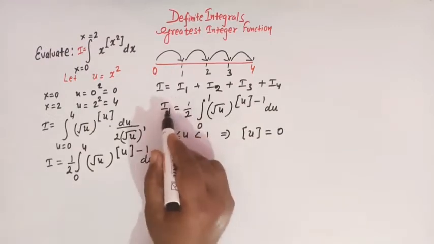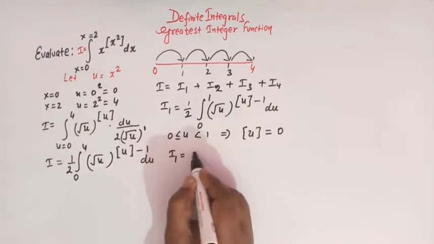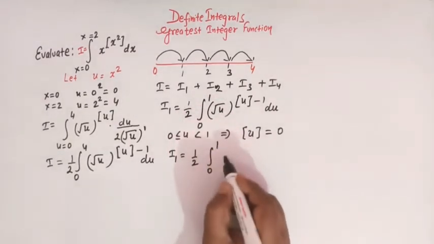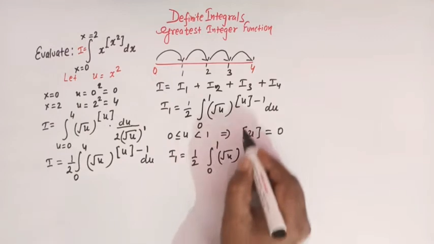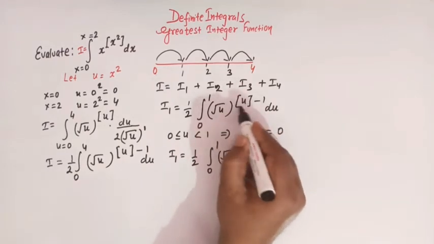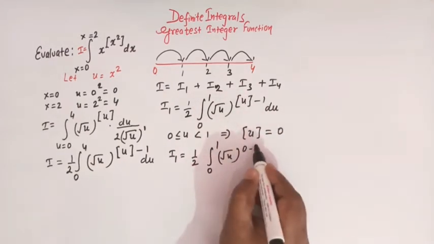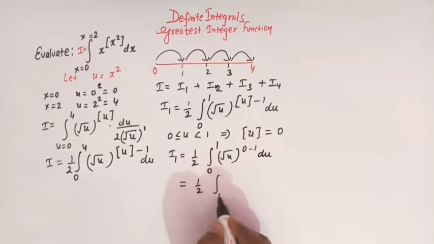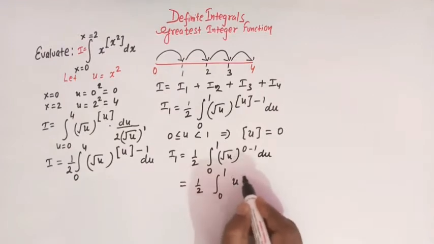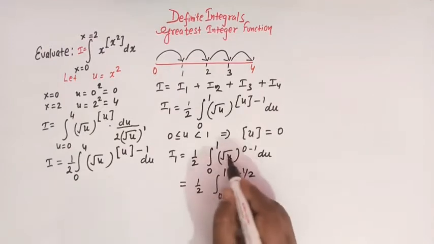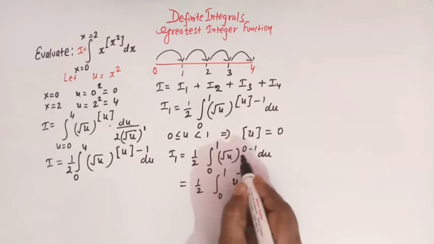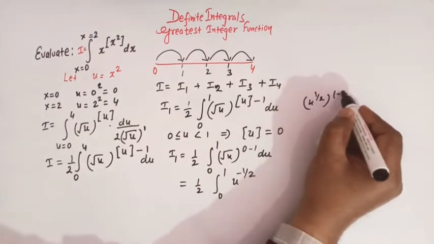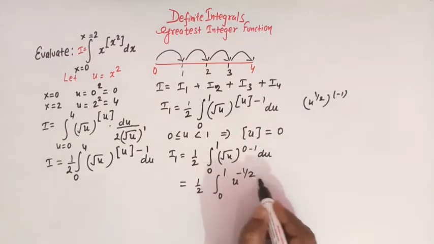So this integral I1 takes the form half, integral from 0 to 1, square root of u raised to 0 minus 1 du, and this is half, integral from 0 to 1 of u raised to minus half du, because square root of u is u raised to half, and u raised to half times minus 1 is u raised to minus half.